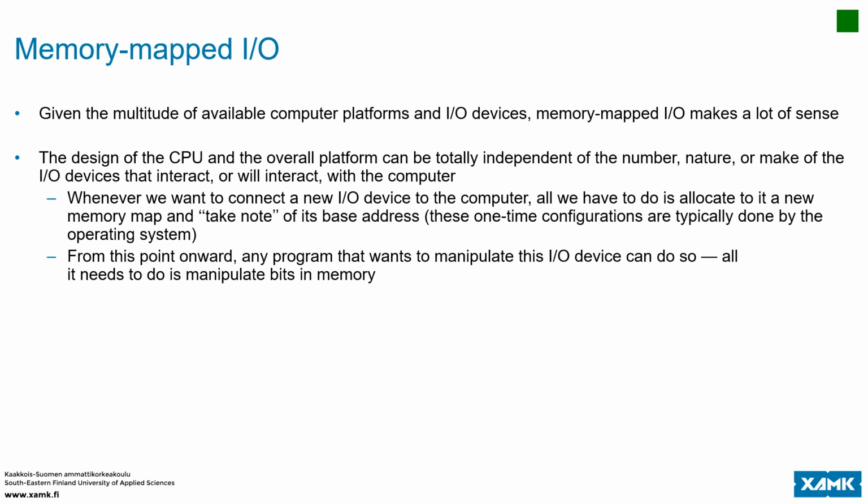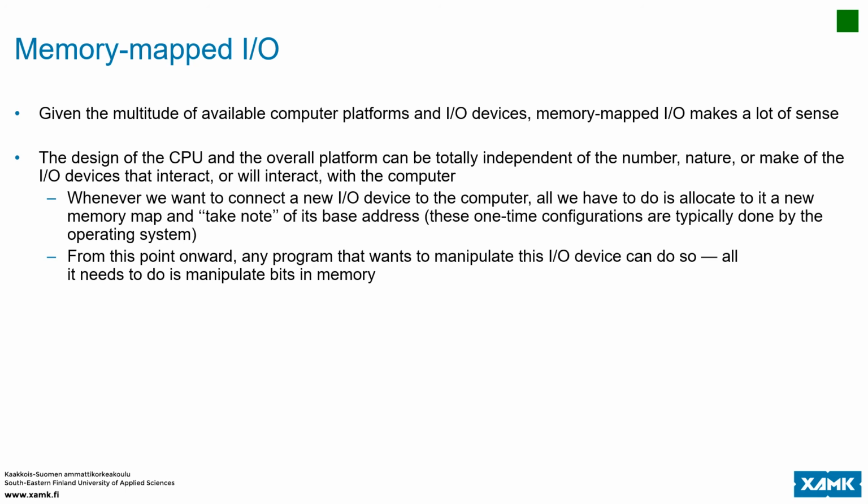And given how many different computer platforms and I/O devices there are, memory mapped I/O makes a lot of sense. So the design of the CPU and the whole computer architecture can be totally independent of the number and type or nature of the I/O devices that interact with the computer.